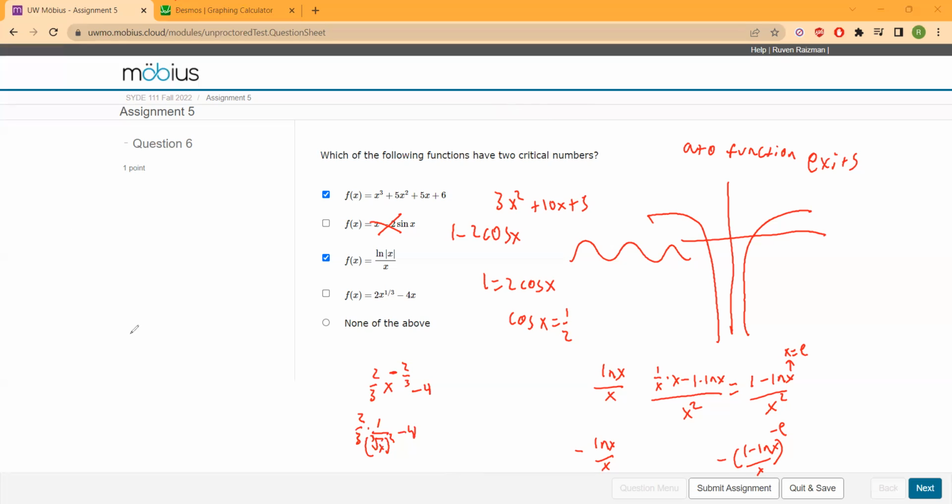Because if you set that to 0, 2/3 times 1 over the cube root of x squared, minus 4, and put it on the other side, equals 4. 1 over the cube root of x squared equals, 12 over 2 is 6. So then 1 over 6 is equal to the cube root of x squared, so 1 over 36, and the cube root of that is equal to x. There's only one case for that. So that's why you would only get one.